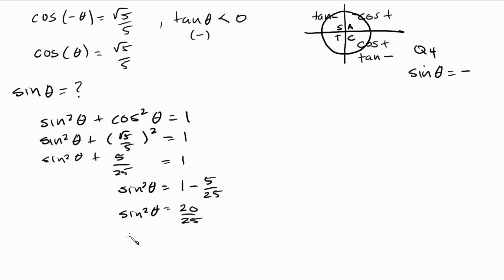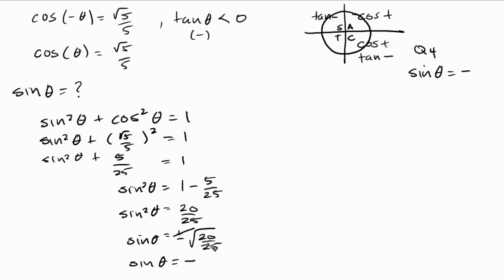So now what we're going to do is apply the square root property, and normally you would write absolute value of sine theta is equal to root of 20 over 25, but if you don't understand what that means, don't worry. Basically you'll end up with this: plus or minus the square root of 20 over 25 for sine of theta. Now we're going to simplify the radical, and we know it's going to be negative, so we can just eliminate the plus and write our answer negative.